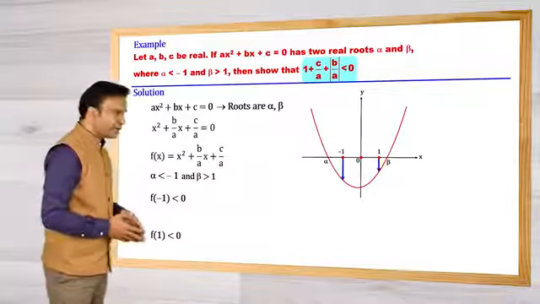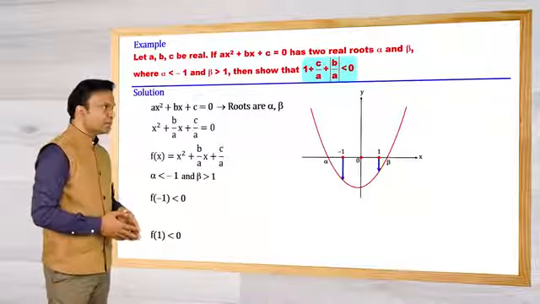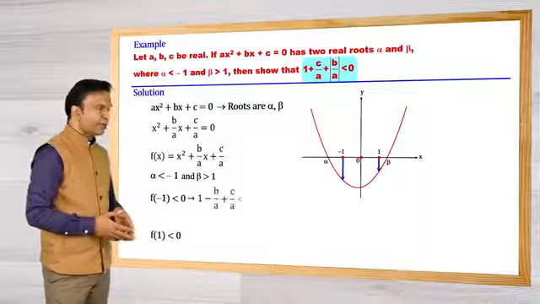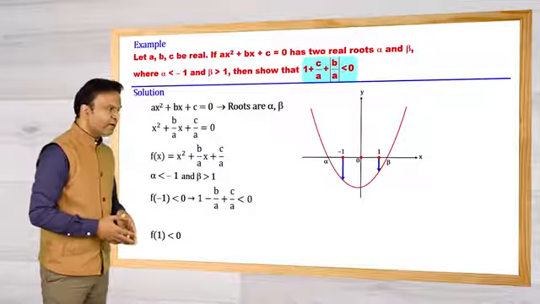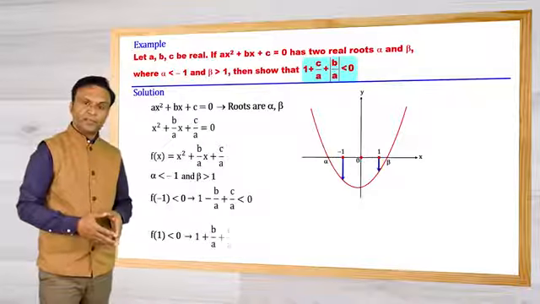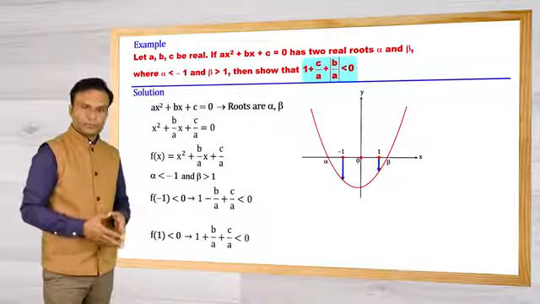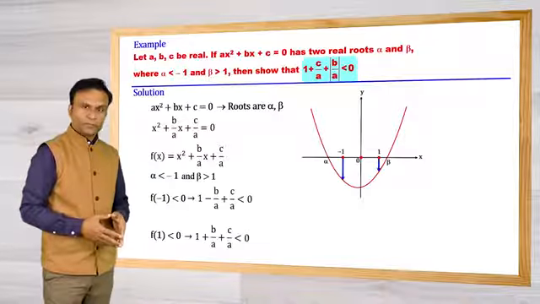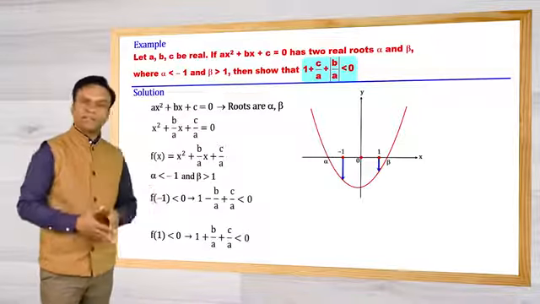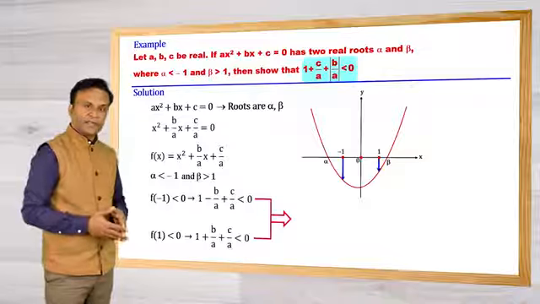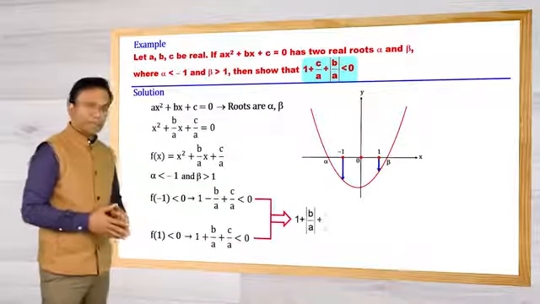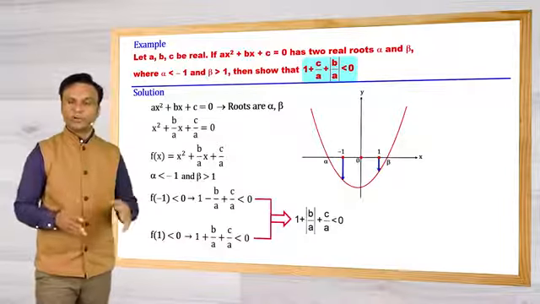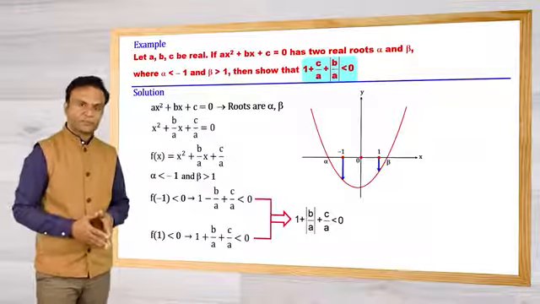So we have 1 minus b upon a plus c upon a less than 0, and 1 plus b upon a plus c upon a less than 0. Okay. Now if we combine these two conditions, we get one condition: 1 plus modulus of b upon a plus c upon a less than 0.